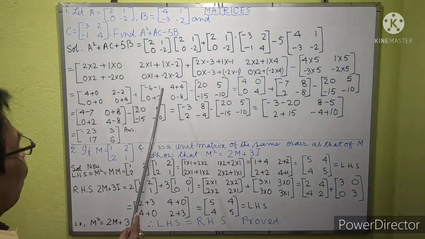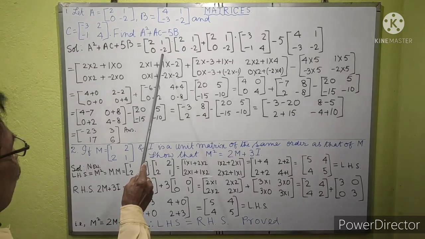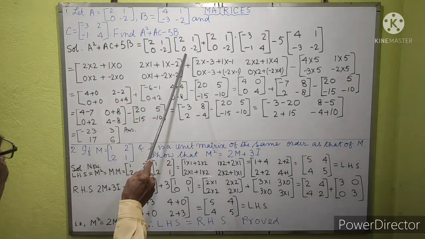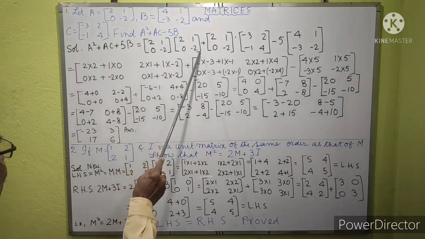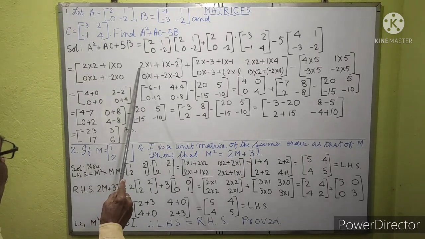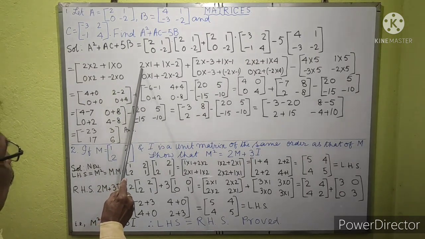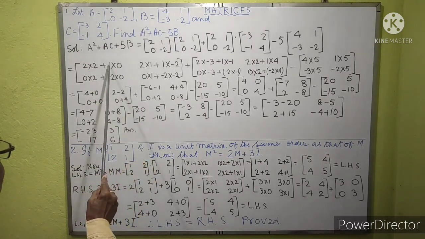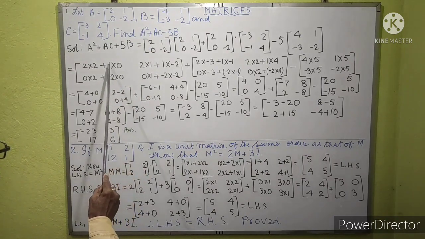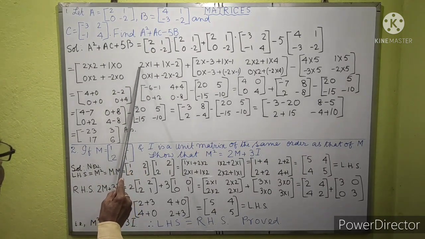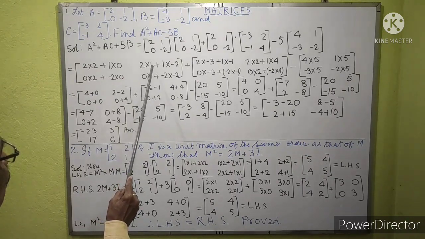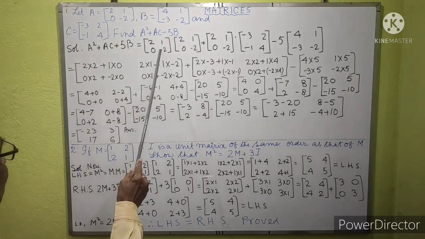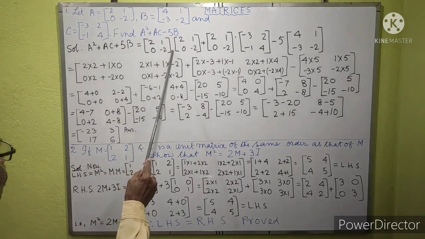When we are multiplying A square, that is A into A, the first row, first column, plus first row, second column. Again, second row, first column, and second row, second column.